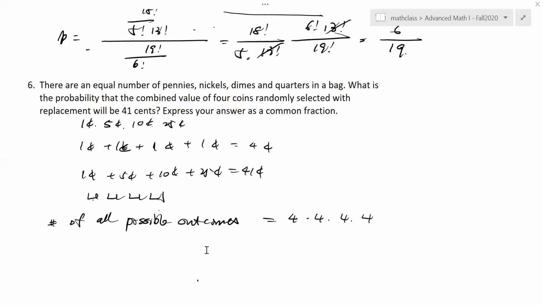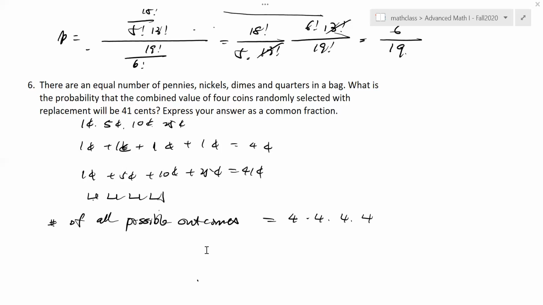So 4 times 4 times 4 times 4 is the number of all possible outcomes. Why is it a product? Because this procedure involves 4 steps, and each step you have 4 choices. That's why the product of the number of choices gives you the number of ways to complete this procedure.